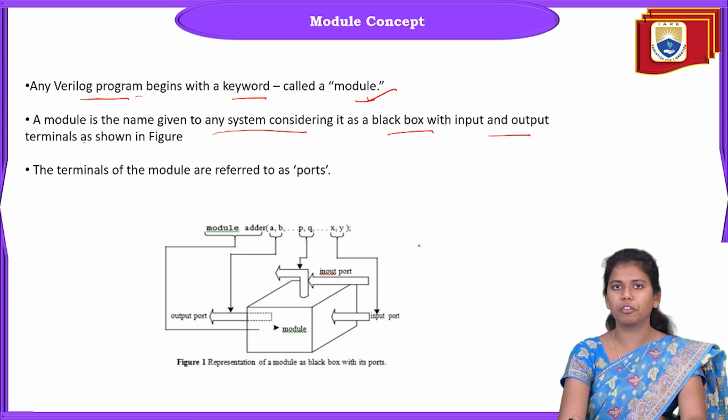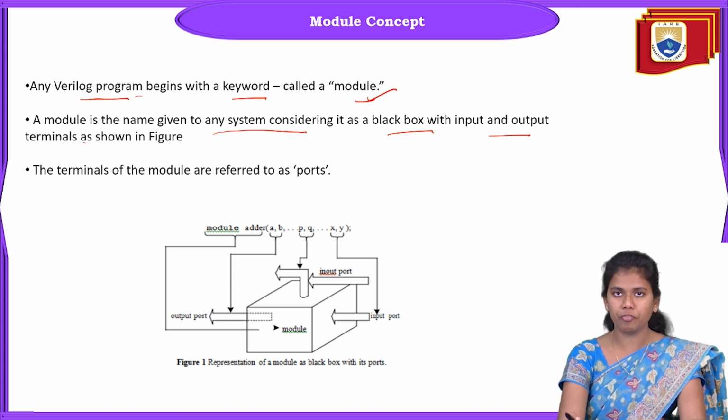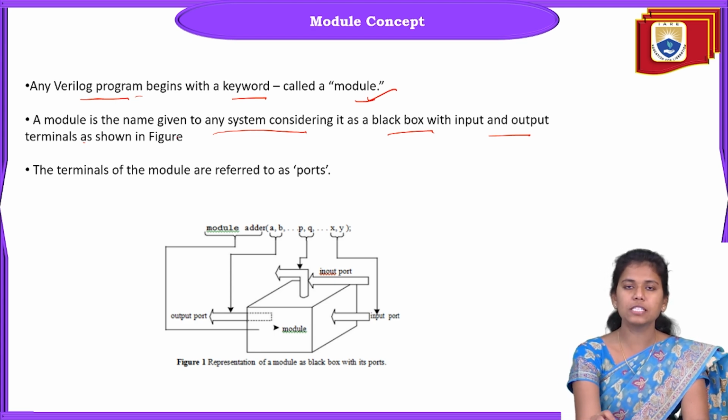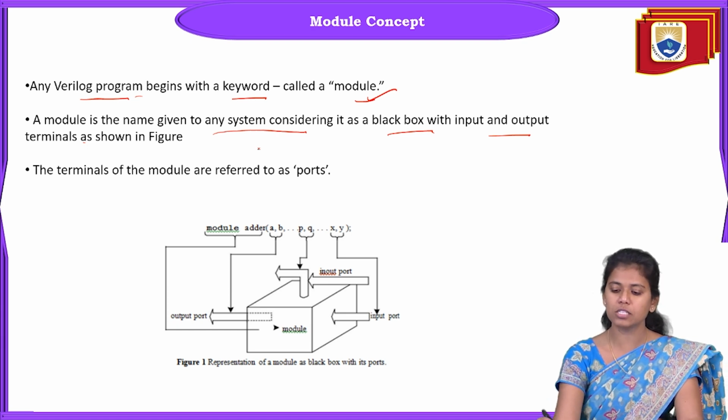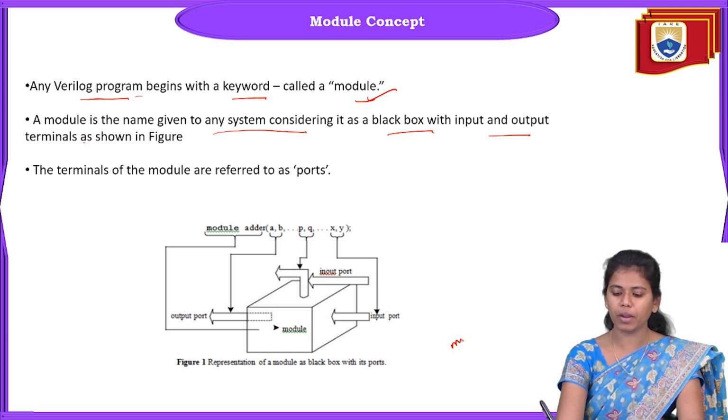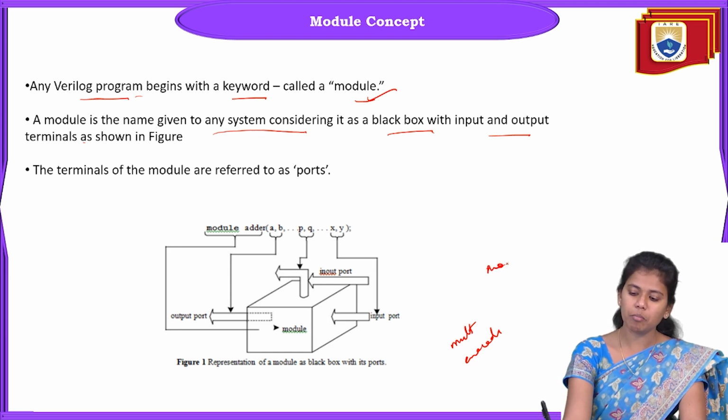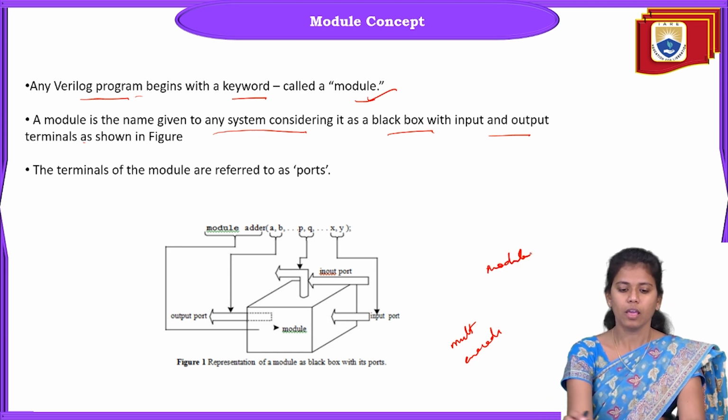In this figure, if you observe, the module is a name given to any kind of system. For example, if you want to write code for a multiplexer or an encoder, you have to write it mentioning the name module.